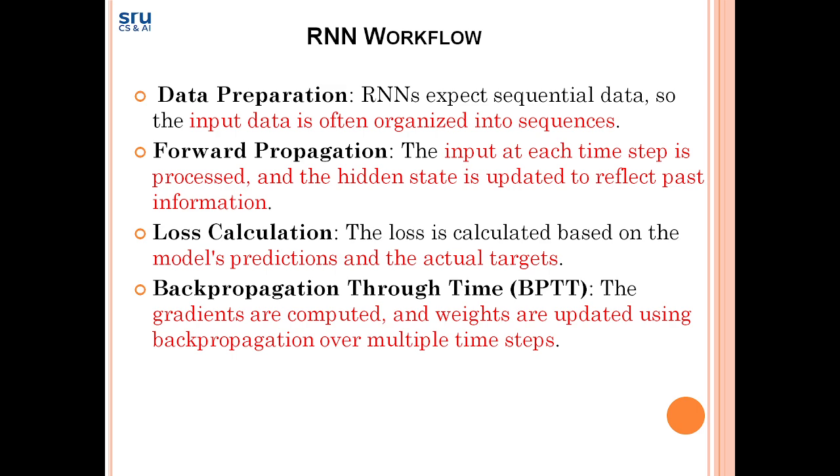Then loss calculation, comparing the model prediction and the actual target. Then backpropagation through time (BPTT): the gradients are computed and the weights are updated using backpropagation over multiple time steps.